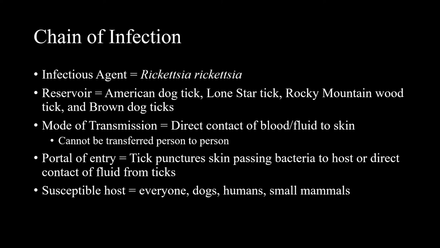The mode of transmission is going to be from direct contact of blood or fluid to the skin, although it cannot be transferred person to person. The portal of entry is going to be when that tick punctures the skin, actually passing the bacteria to the host, or just direct contact of fluid from ticks.